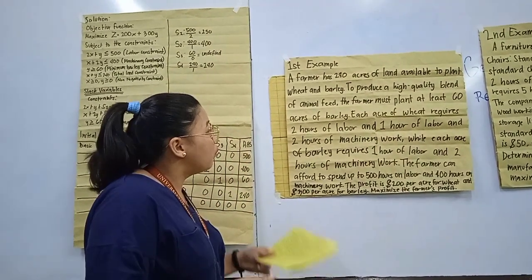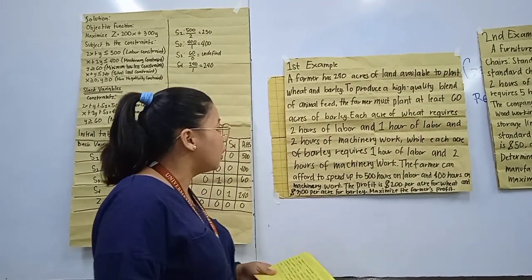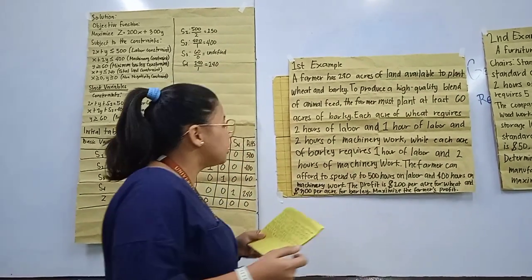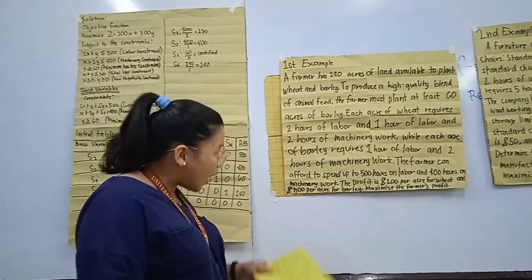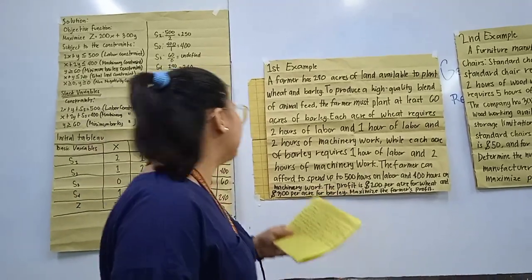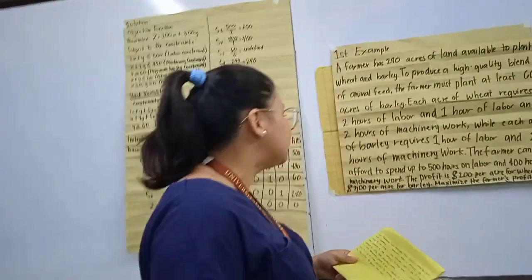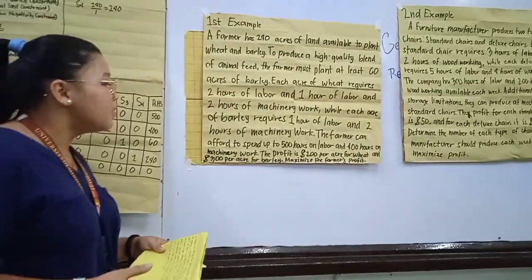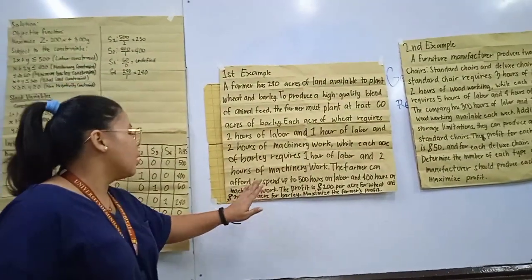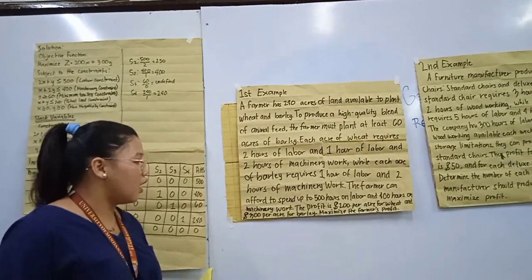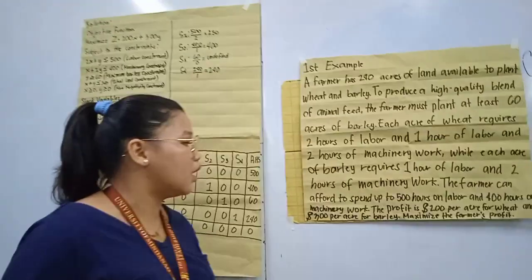Each acre of wheat requires 2 hours of labor and 1 hour of machinery work, while each acre of barley requires 1 hour of labor and 2 hours of machinery work. The farmer can afford to spend up to 500 hours on labor and 400 hours on machinery work.